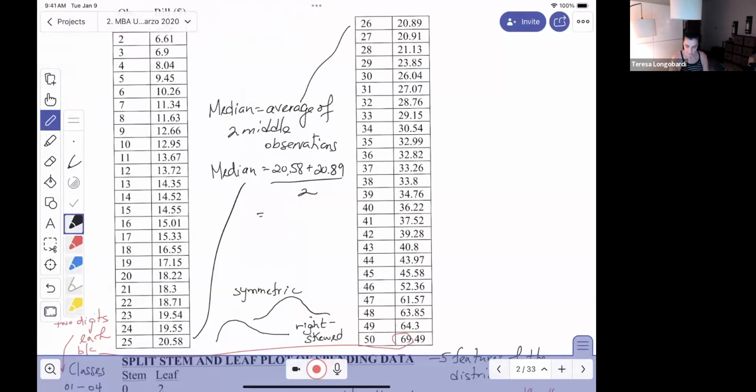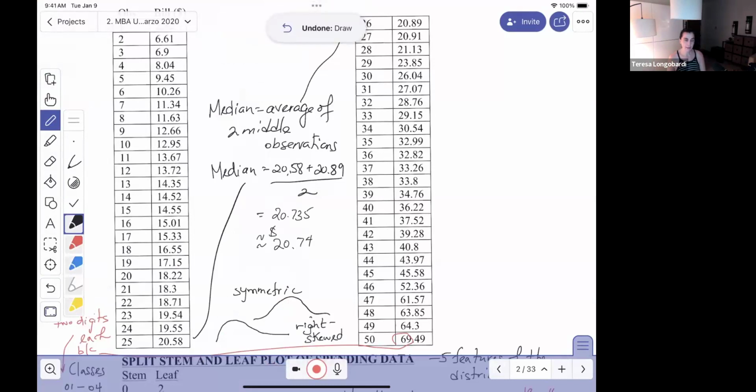But because this is dollars, and dollars don't exist in more than cents, right? So I'm going to round.